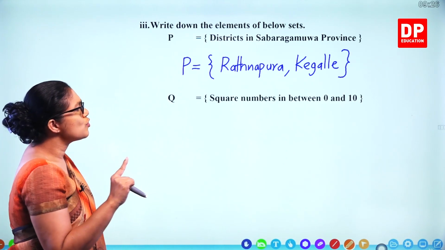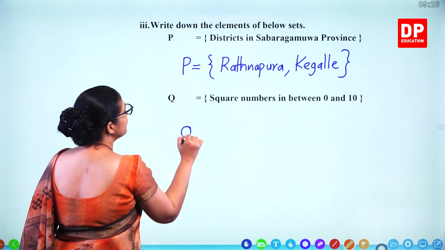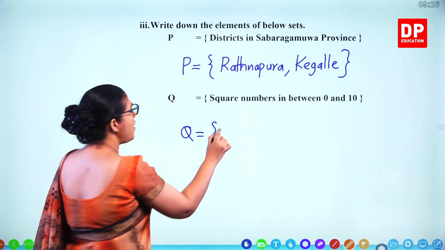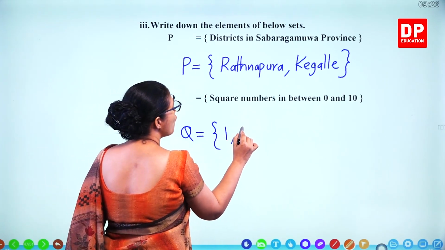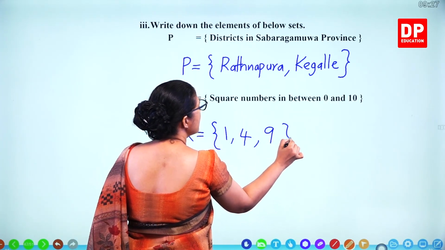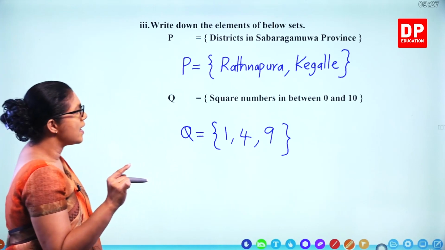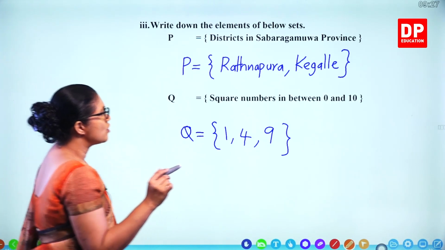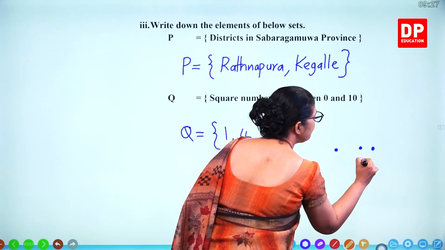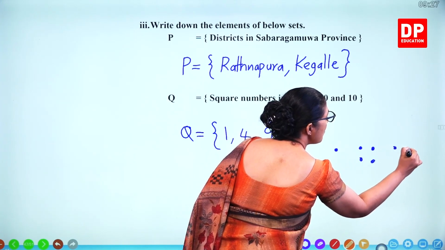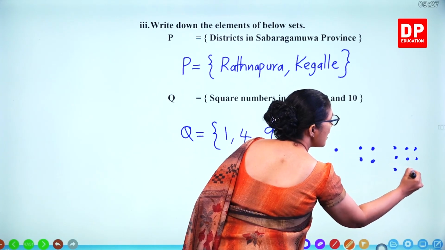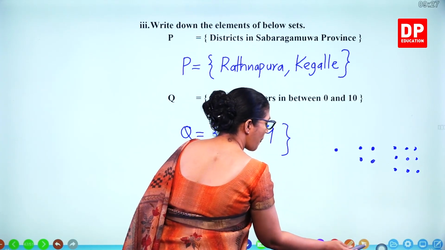Square numbers in between 0 and 10. So what are the square numbers? You can make a square. 1, 2 times 2, 4, 3 times 3, 9. So 1, 4, 9 are square numbers that you can make a square. 2 by 2 and 3 by 3. 3 rows and 3 columns.